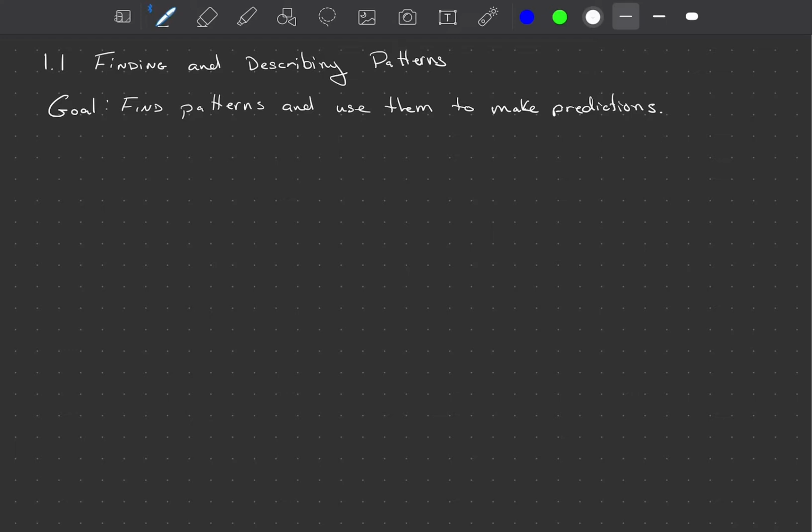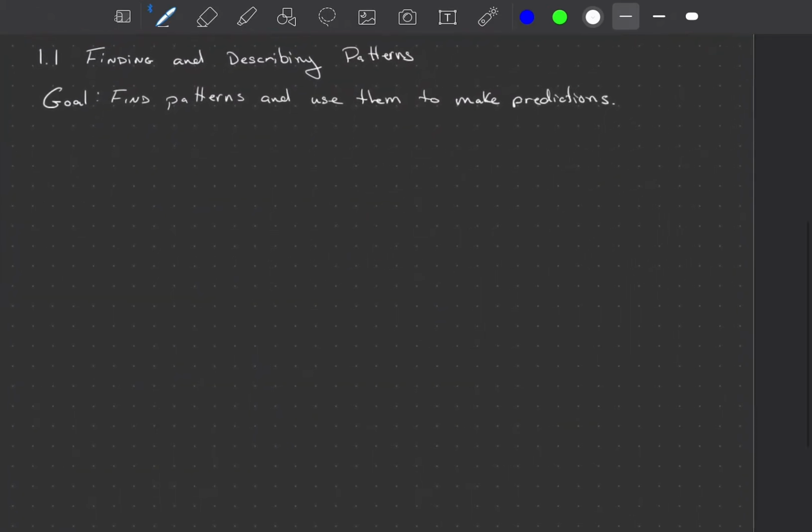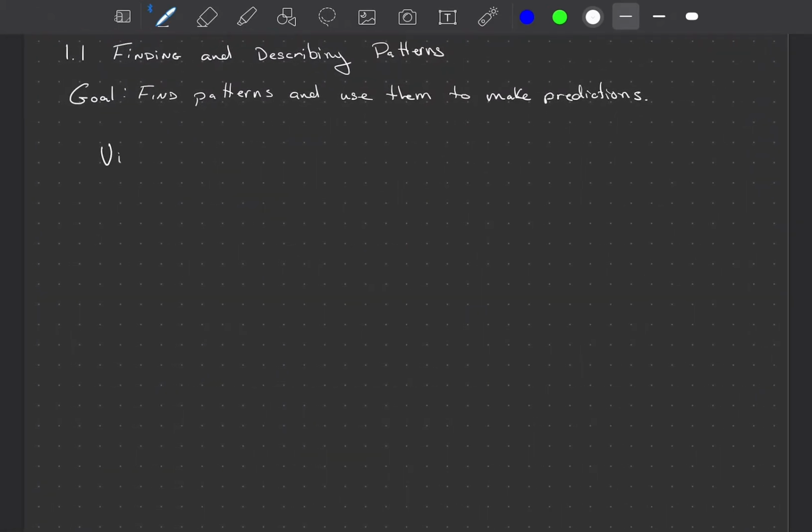So the first type of problem we're going to look at is describing and predicting using a visual pattern. So let's go in here and we're going to use a visual pattern first. And so a visual pattern might be something like shapes.